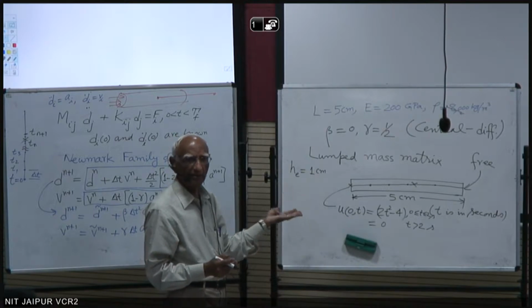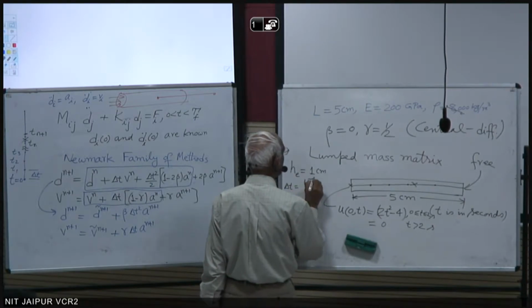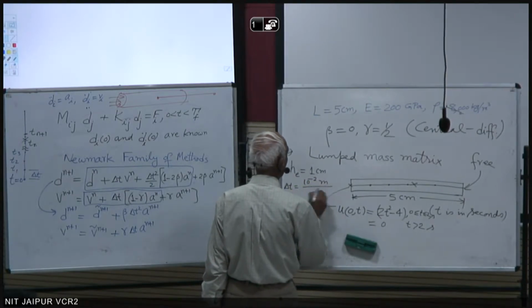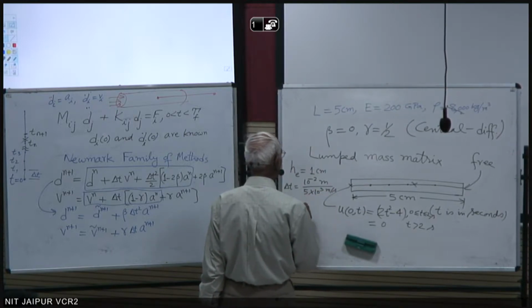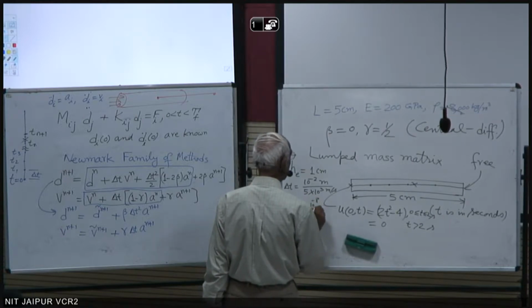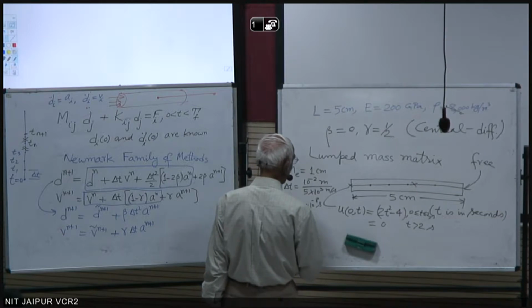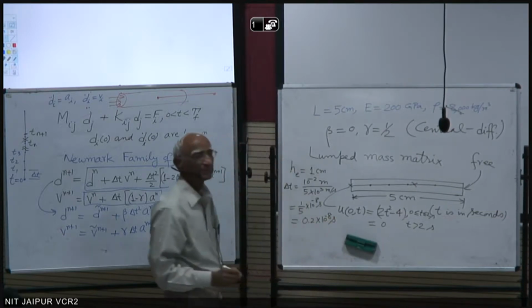So delta t is going to be 10 to the minus 2 meters over 5 times 10 to the 3 meters per second. So it's going to be 1 over 5 times 10 to the minus 8 seconds. So it's 0.2 times 10 to the minus 8 seconds.